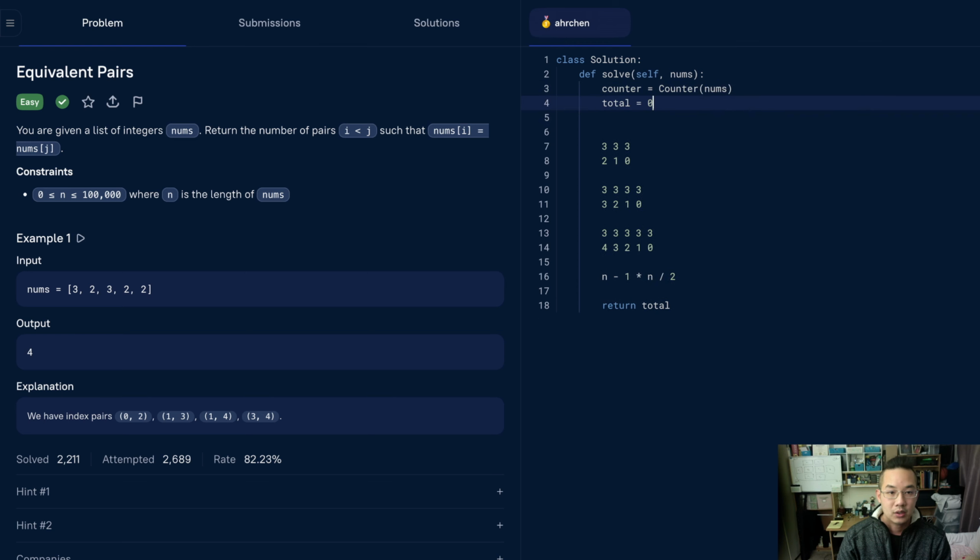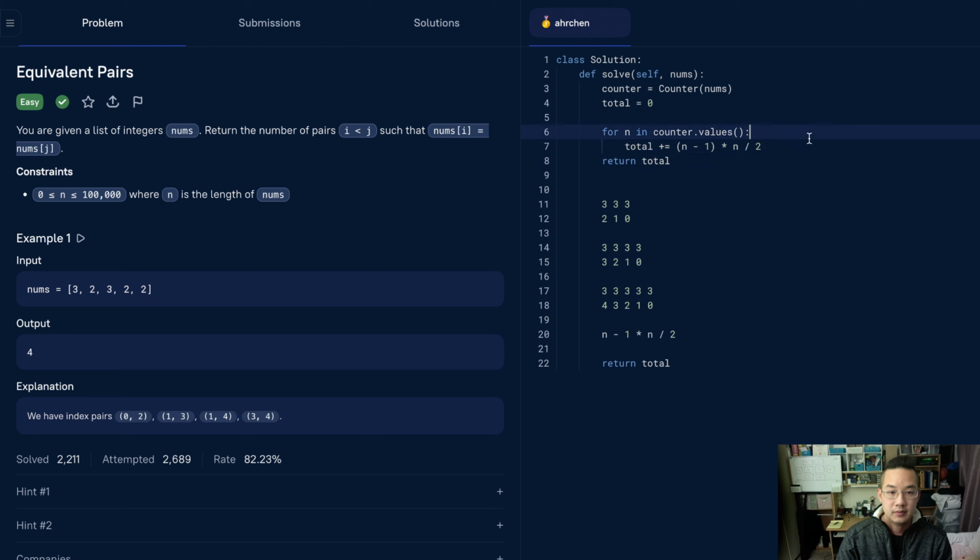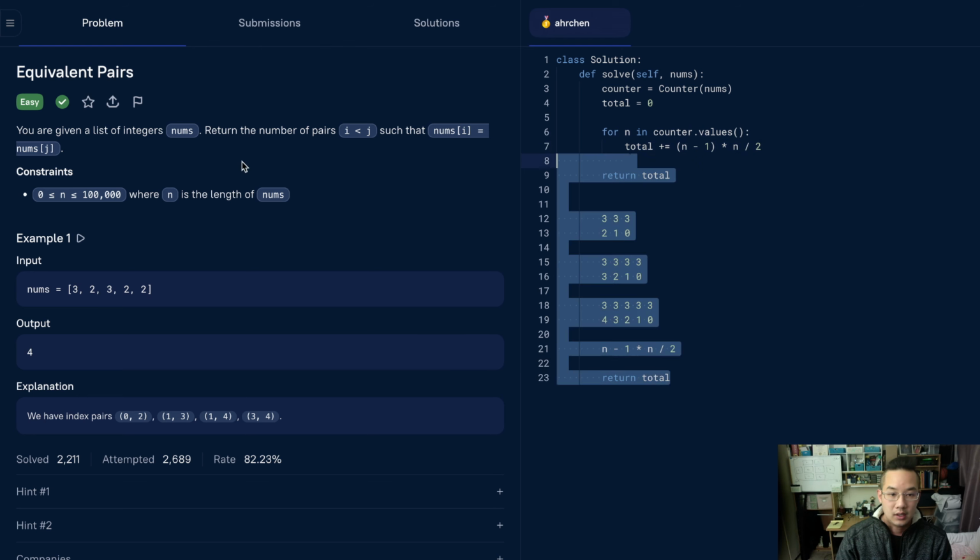And this time we're going to go through all the values of the counter, and total is going to plus equal this formula of n minus 1 times n divided by 2. And then we're going to return the total. We can just comment that out. Do a run. It looks like it's good to go, and we do a submit.